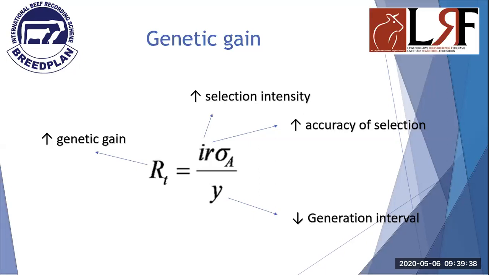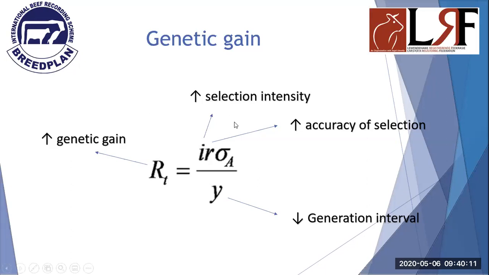So if my herd is, for example, for weaning weight on average in the top 60%, I want to select animals or bulls to become parents of the next generation that are above that. So I want to select bulls in the top 20%, for example, for weaning weight, if I want to improve weaning weight. So that refers to the selection intensity.